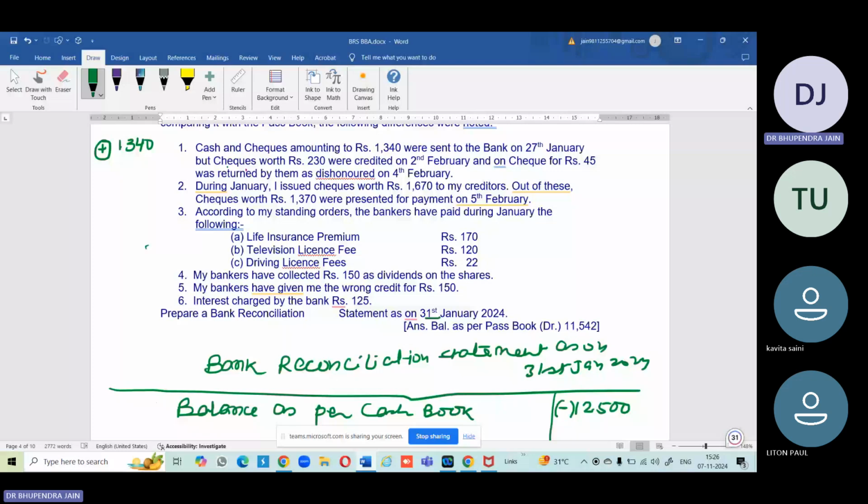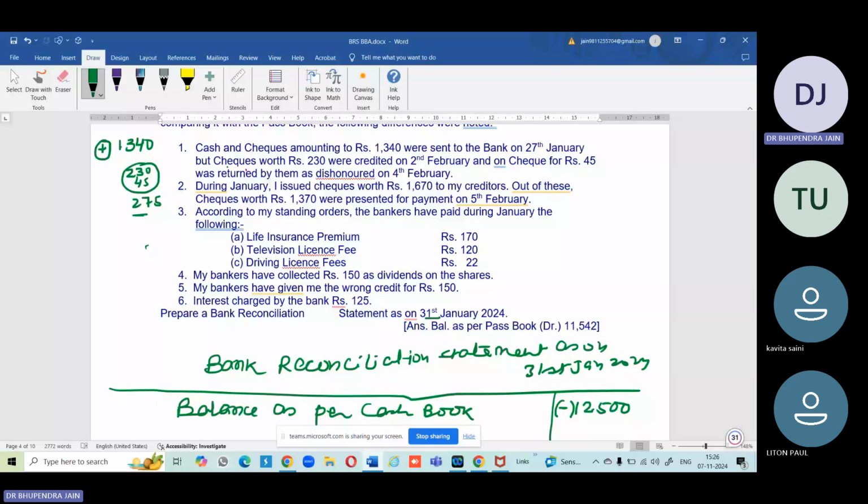But the check worth rupees 230 was credited on 2nd of February, and check of rupees 4,500 was returned by them as dishonored on 4th of February. So 230 and 45, total is 275.